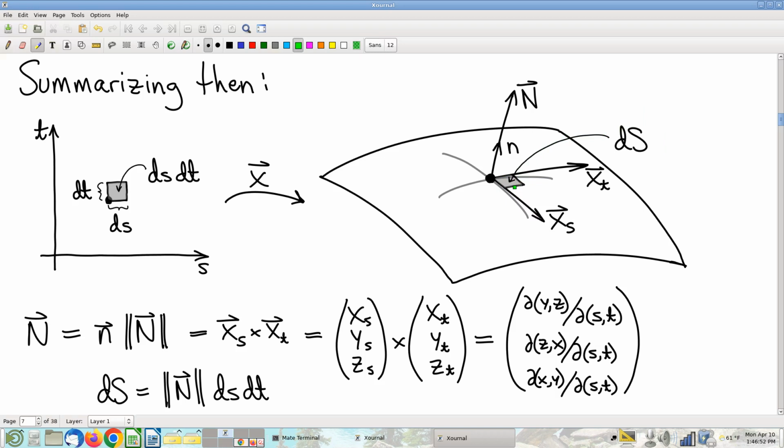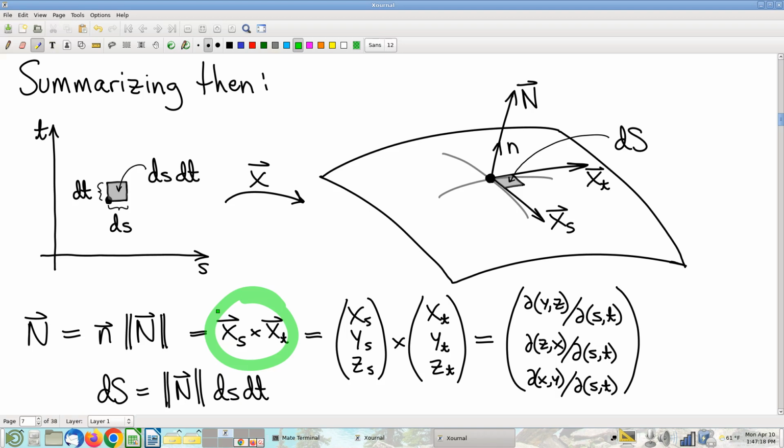Along the way, we also computed this thing called capital N, which is going to come up in multiple places going forward. Right now, it's just the thing whose magnitude is the stretching factor, but it will be more than that. And there are different ways that you can write this. In particular, I want to point out this formula where we cross these two partials, which you could call partial velocities.